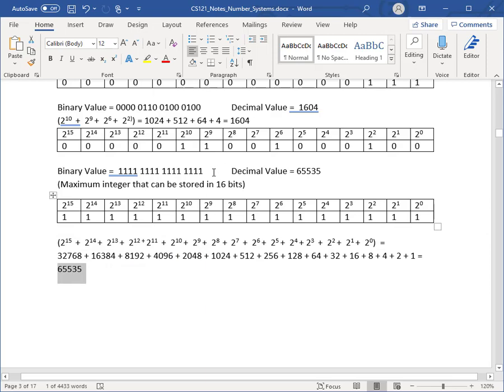So this bit string, which has all ones, is equal to the decimal value 65,535. What that also means is that is the largest positive integer that we can store in 16 bits.